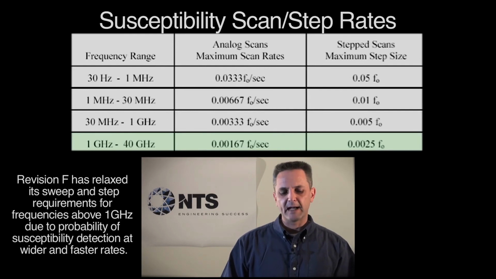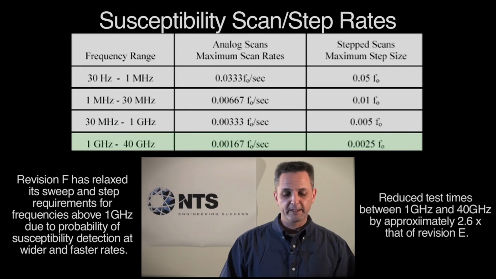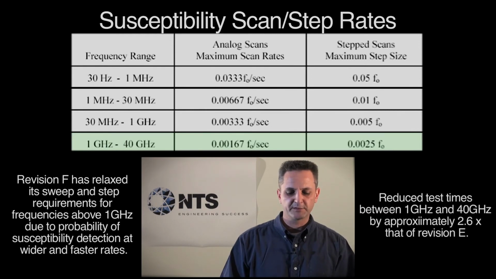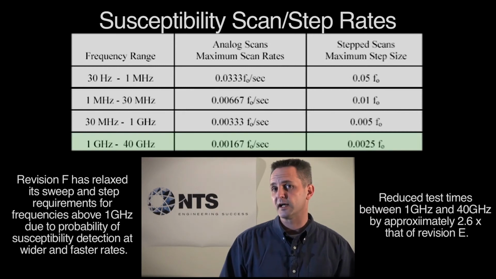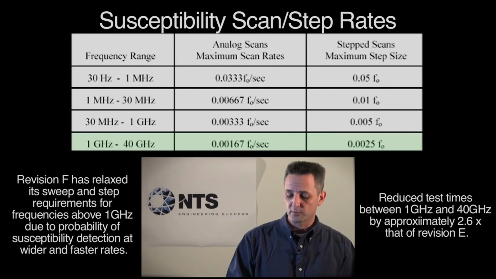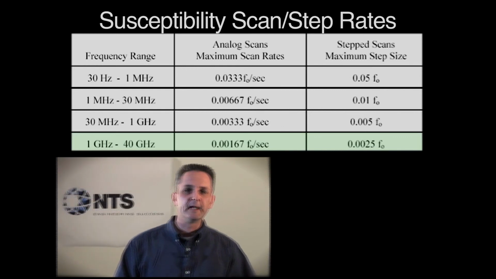They've actually relaxed the requirement due to probability of susceptibility detection at wider and faster rates. This has really equated to a reduced test time between 1 and 40 gigahertz to approximately 2.6 times that specified in 461E. So we'll break it down for you.